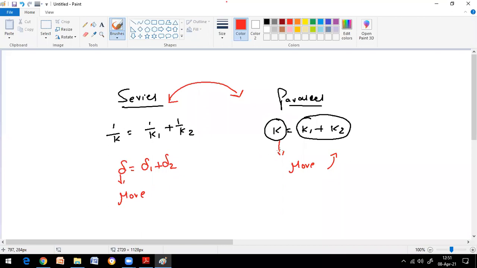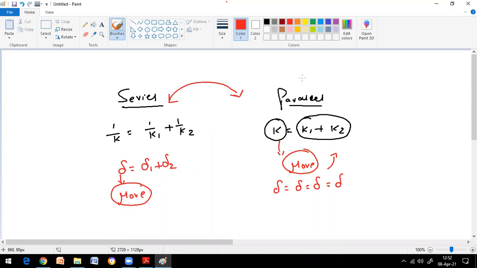In parallel, the deflection is the same, but stiffness is more. So we always prefer to connect in parallel to have more carrying capacity, to carry more tensile forces in the spring.